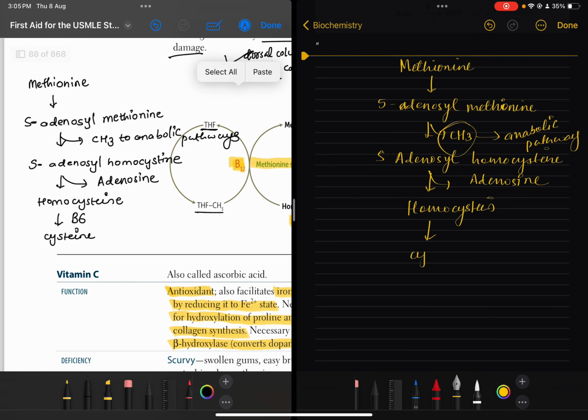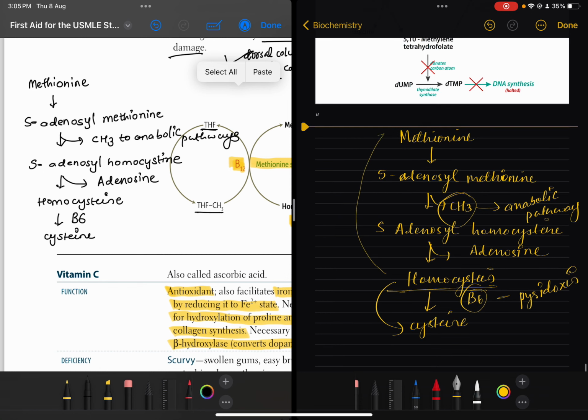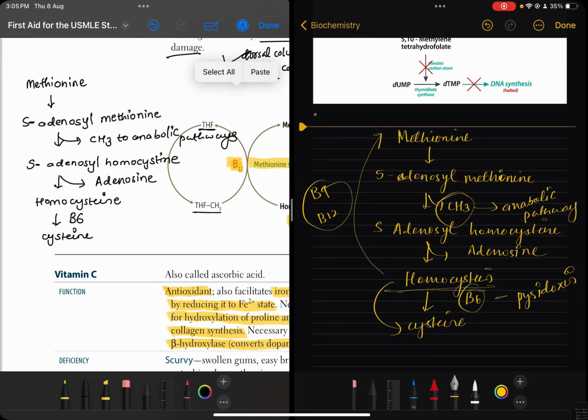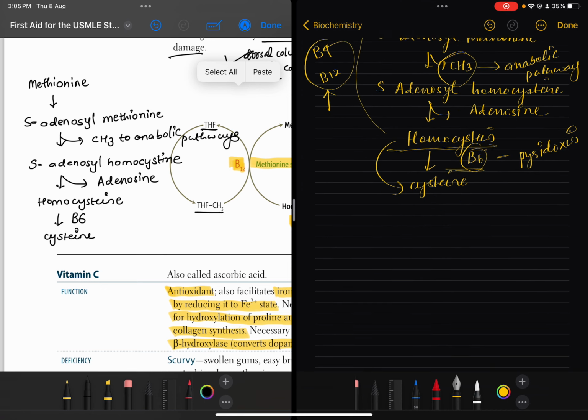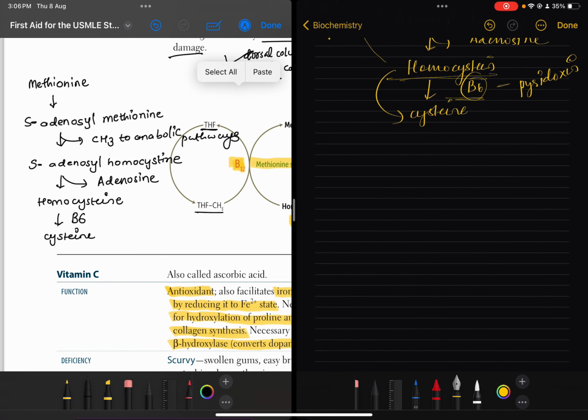Now this homocysteine will be converted into cysteine, and here B6, pyridoxine, will be useful. So as you can see, homocysteine can convert into cysteine, and can convert back to methionine. Here vitamin B9 and B12 will be there. Here vitamin B6 will be important. How these act here we have to see, and the folate trap.